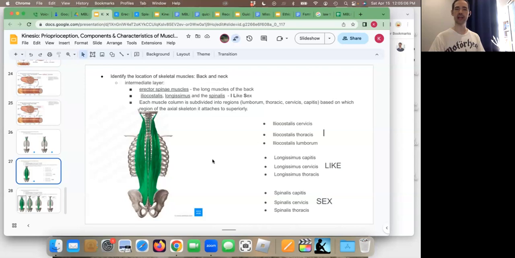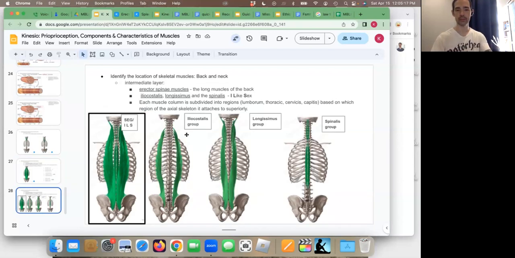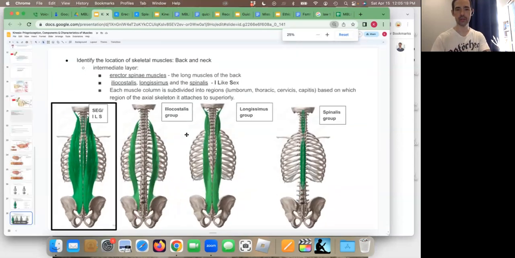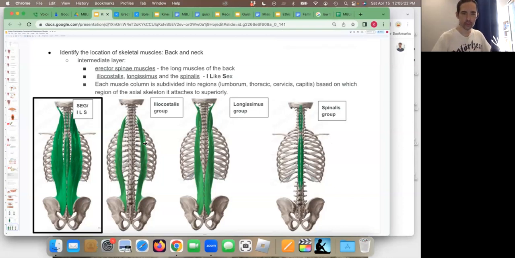And then costalis means ribs. So the muscles attach at the ribs. And I think if we look at the iliocostalis individually, so here's the iliocostalis group. I think we'll find that some muscle fibers, it's a little bit too fine, you can't see, but just take my word for it.